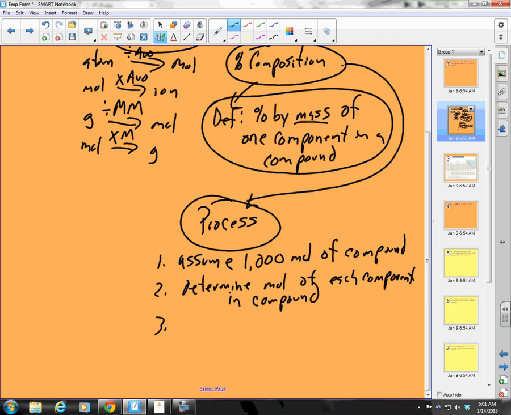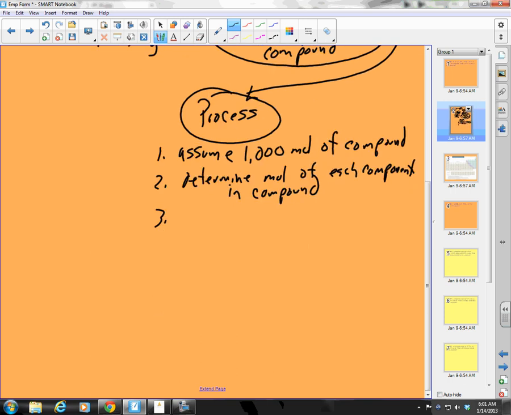Three, calculate grams of the component of interest by taking my moles and multiplying by the molar mass of the component. Moles of component times the molar mass of the component.